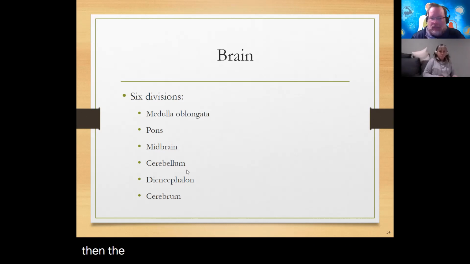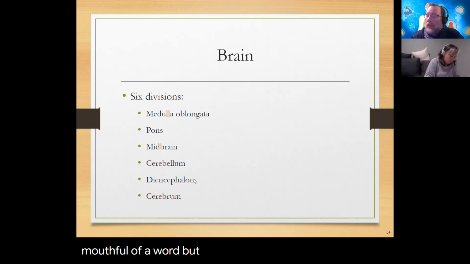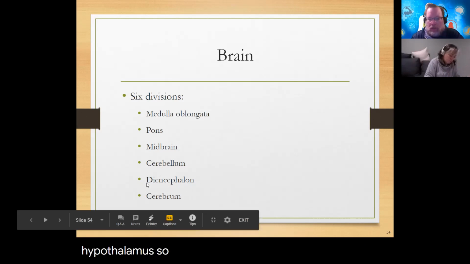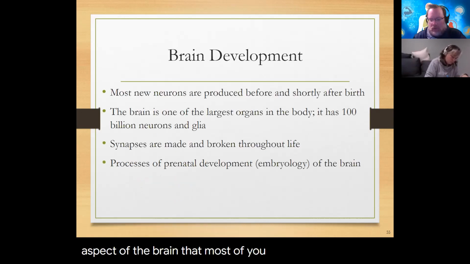And then the diencephalon. We've heard of a couple of the items within the diencephalon. I know that's a mouthful of a word, but we have seen thalamus and hypothalamus, so we would consider those when we discuss the diencephalon. And then lastly, the main portion of the brain, the aspect that most of you have heard of, or at least seen, especially since it's Halloween time, right?